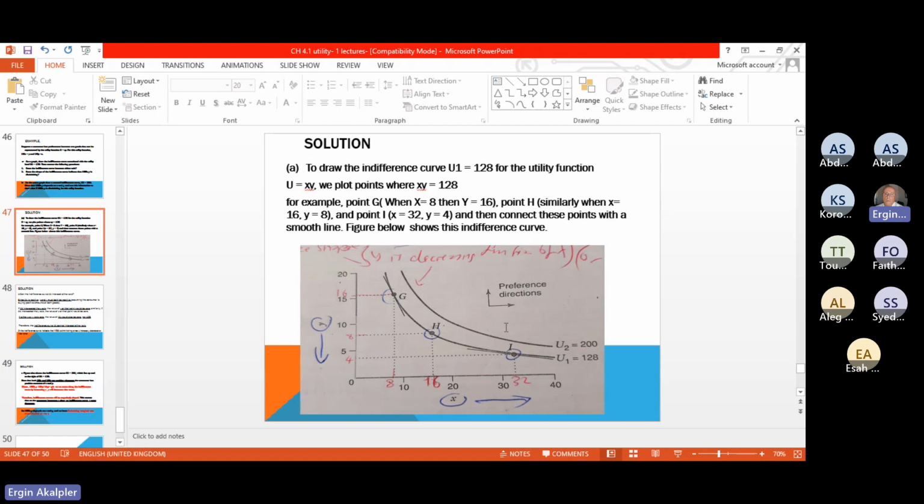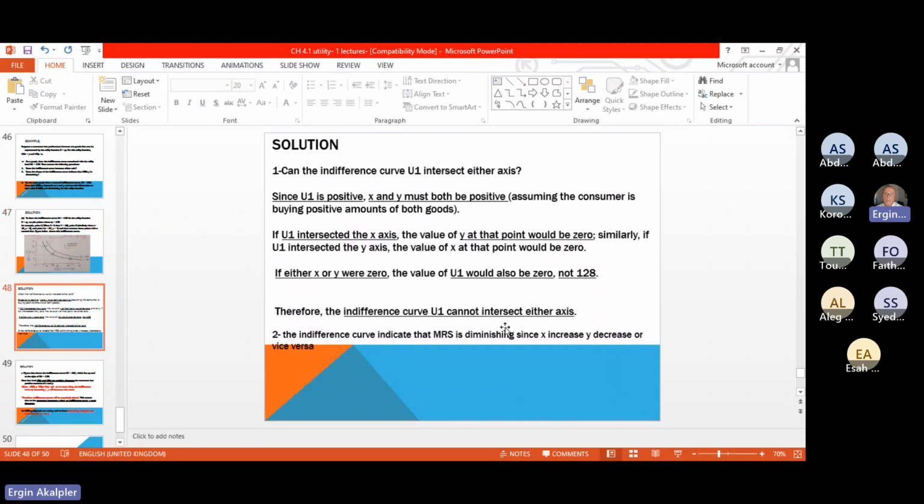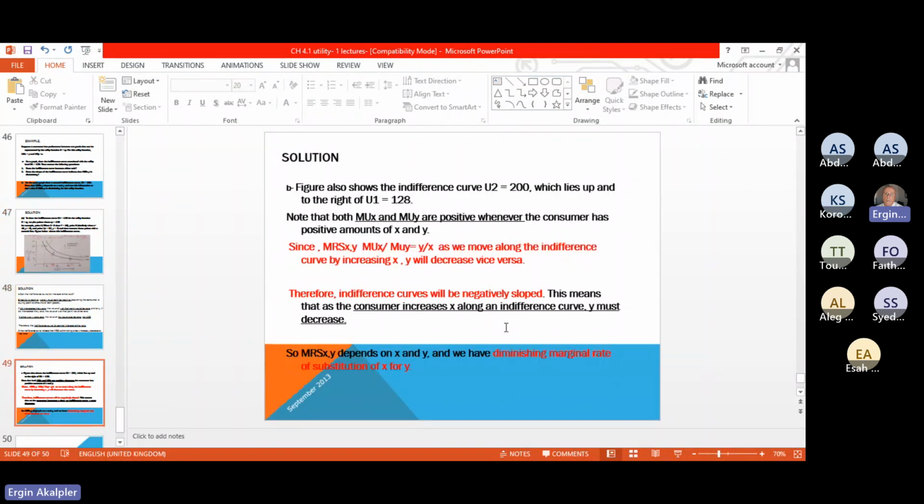When you give x 32, it means y 4. Therefore, as much as you are increasing x, y is going to reduce, isn't it? Therefore, from this point of view, we may say there is a marginal rate of substitution from x to y. Is it clear? Therefore, the problem is solved, and we have the next part.